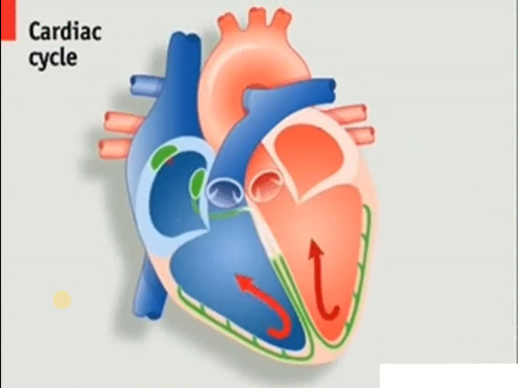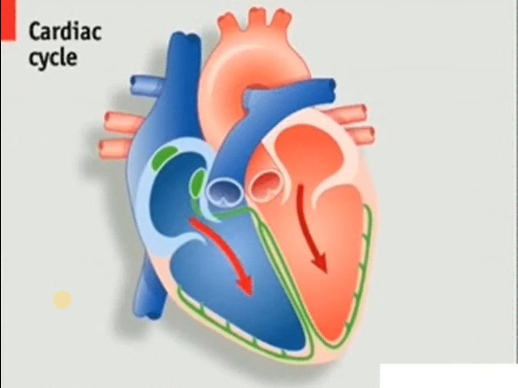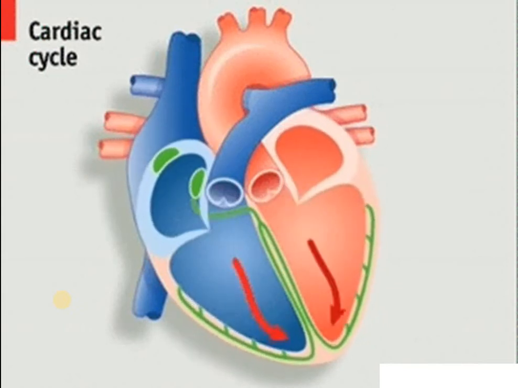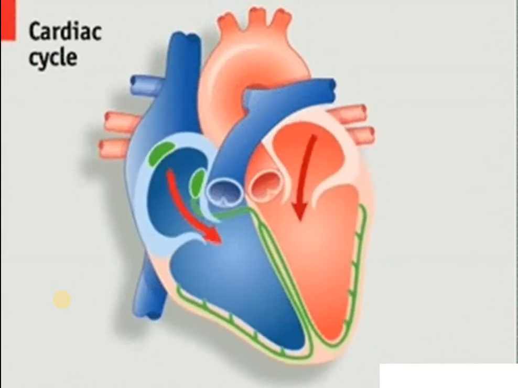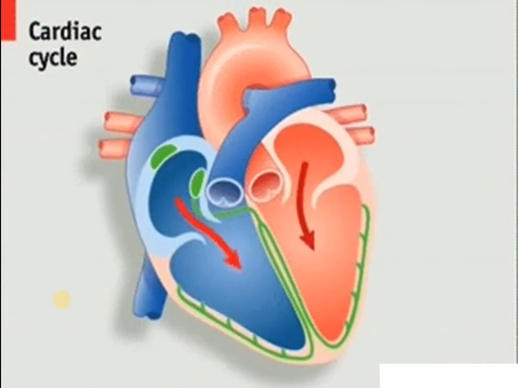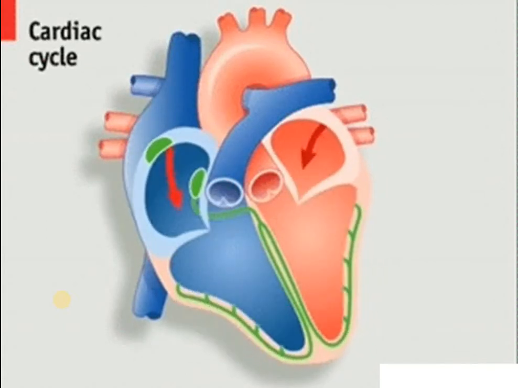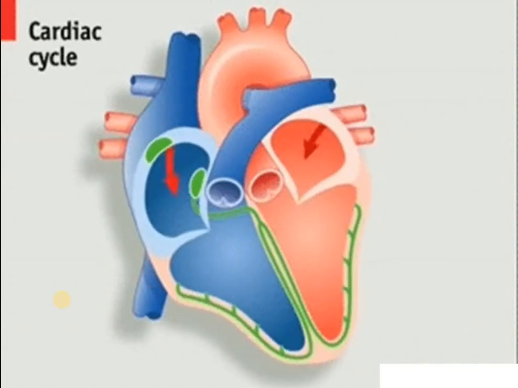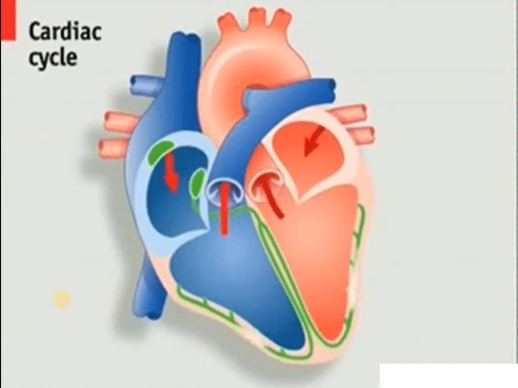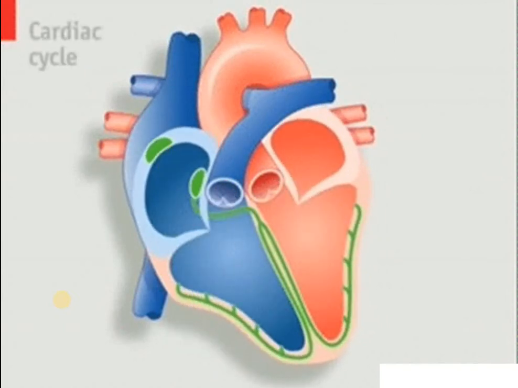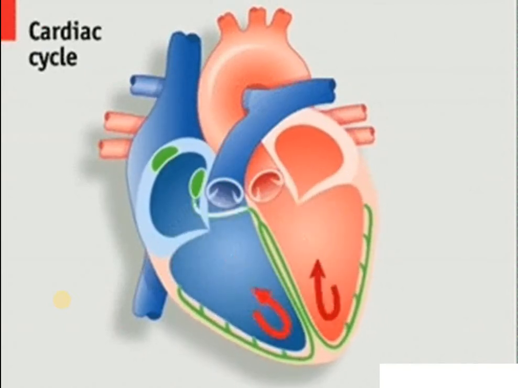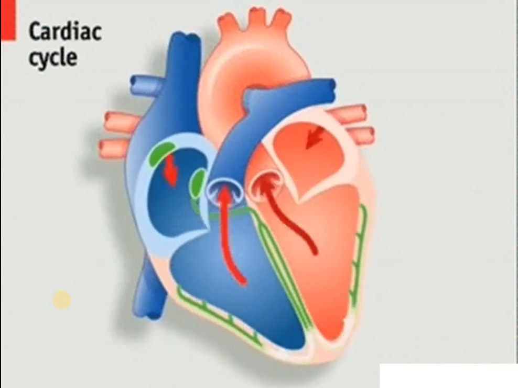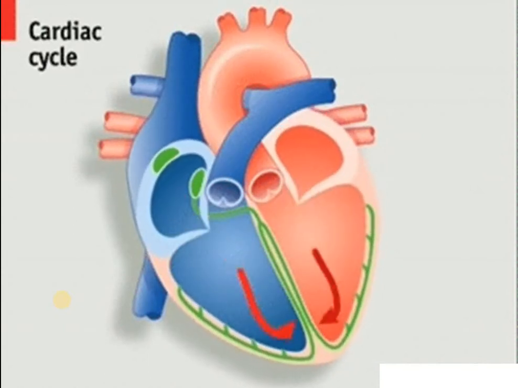You can see once the tricuspid and bicuspid valves open, the blood from the atria is pumped into the respective ventricles. And when the ventricles contract, the atrioventricular valves, that is the bicuspid and tricuspid valves, close, while the semilunar valves in the aortic and pulmonary arch open, so that when the ventricles pump, the blood only goes into the aortic and pulmonary arch and is not pumped back into the respective atria.